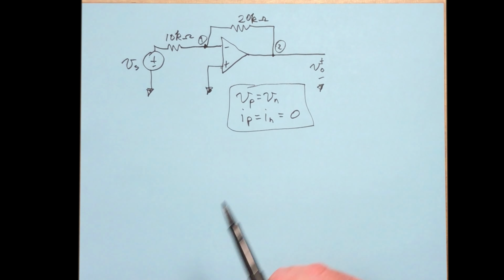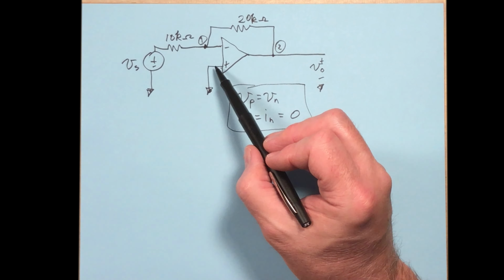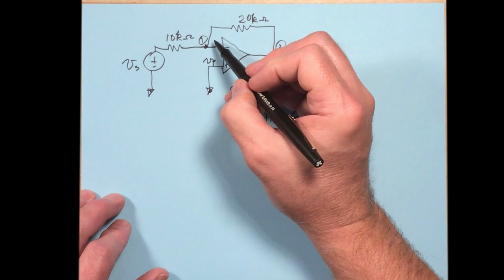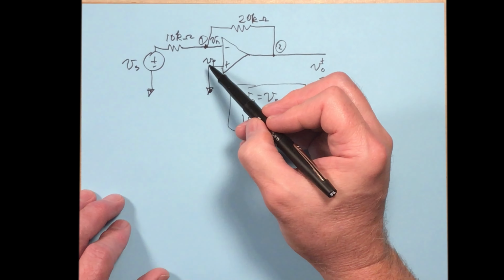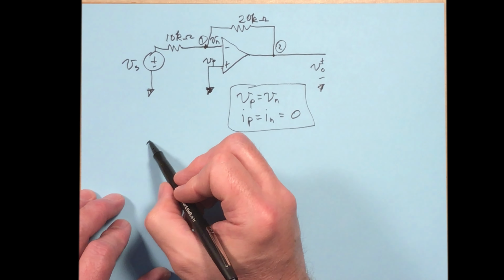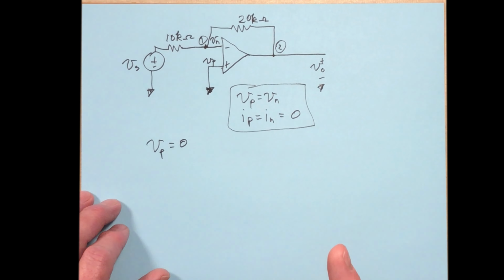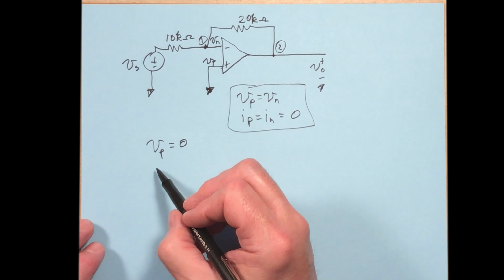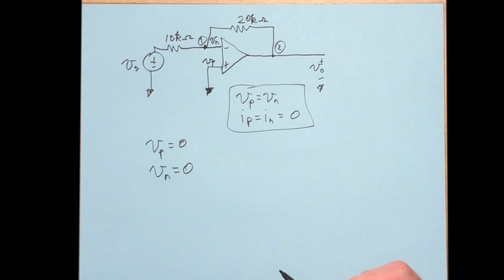All right, by observation, you notice that VP, that's the voltage at the positive side, and this up here would be VN, voltage at the negative side, that VP goes straight to ground. So what does that tell you? That tells you that VP is 0. Then, if we apply the ideal op-amp constraint, then that means that VN is also equal to 0.